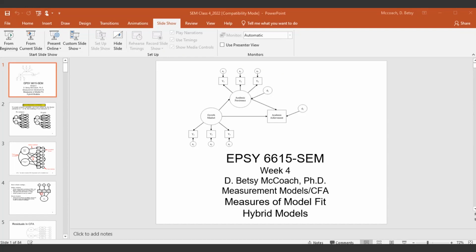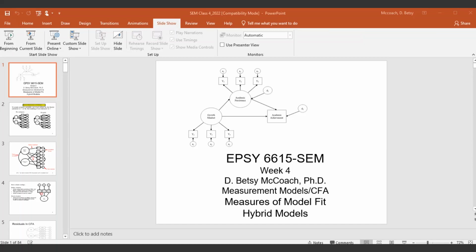So if you said, okay, I want to scale the latent variable to this indicator, and then there's absolutely no relationship between the indicator and the latent variable, then you haven't scaled the latent variable, the model is going to be under-identified and things are going to go haywire.